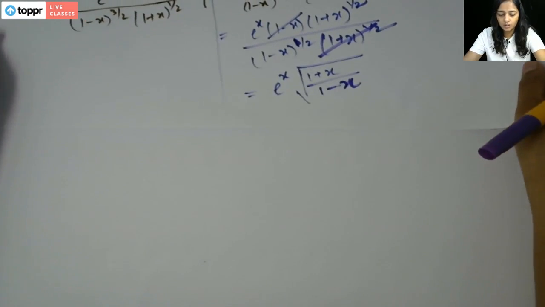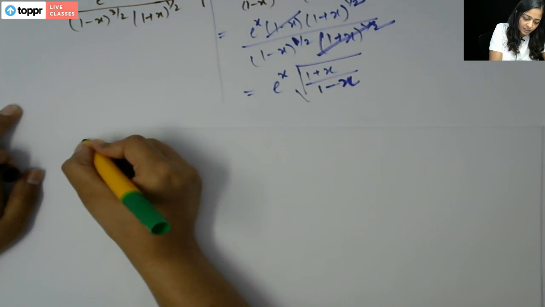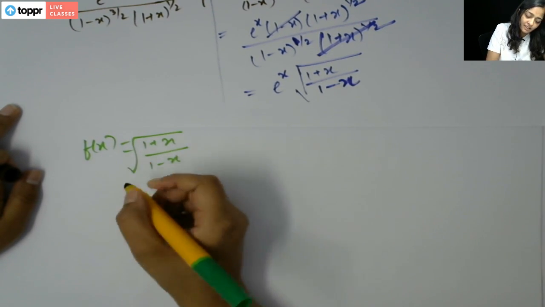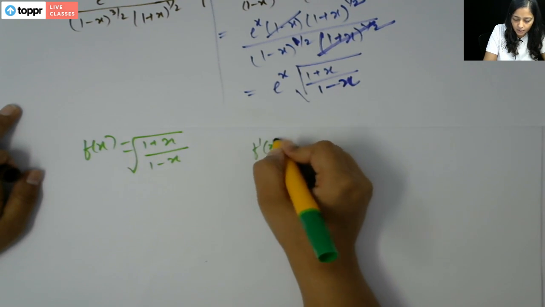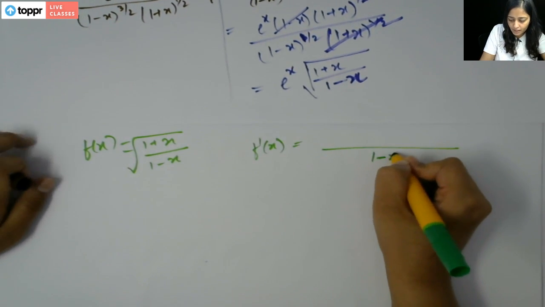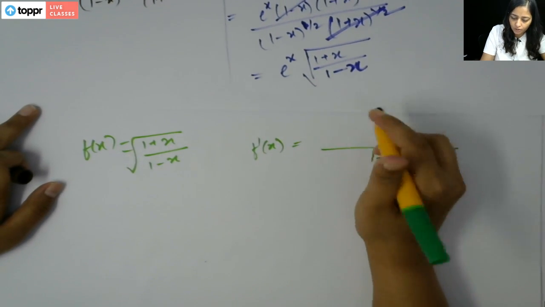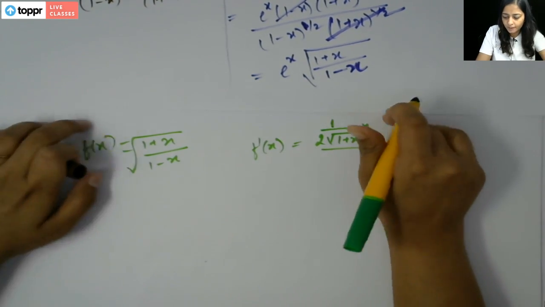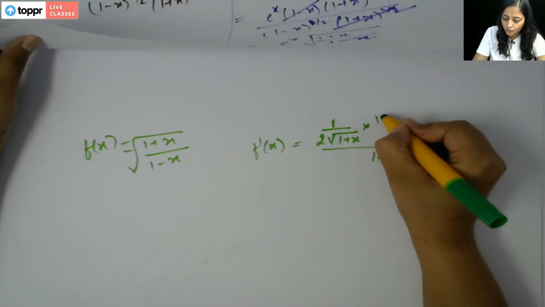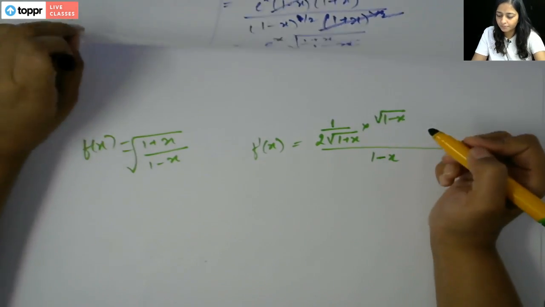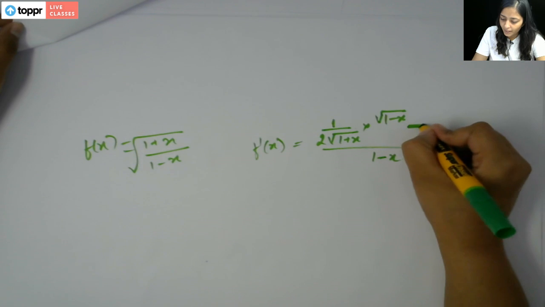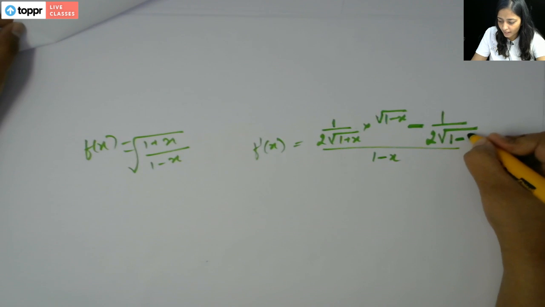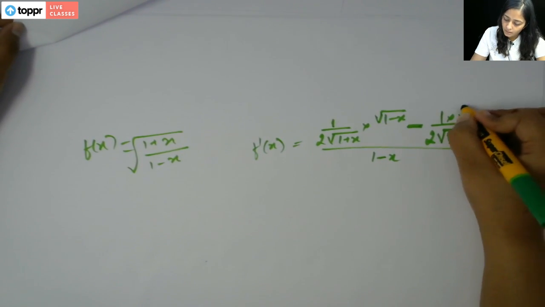So now if you take f(x) to be the square root of (1 + x) divided by (1 - x) and find its differentiation, it would be (1 - x) times the derivative of the numerator, which is 1/(2√(1 + x)) multiplied by √(1 - x), minus 1/(2√(1 - x)) times √(1 + x).